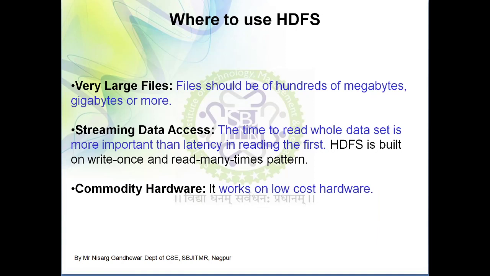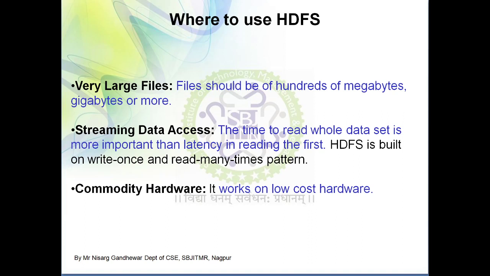Now next one is where to use Hadoop distributed file system. We can say that when you have a huge amount of data, especially unstructured data, at that time Hadoop distributed file system can be used. Then streaming data access, that means the time to read a whole data set is more important than latency in reading the first record.